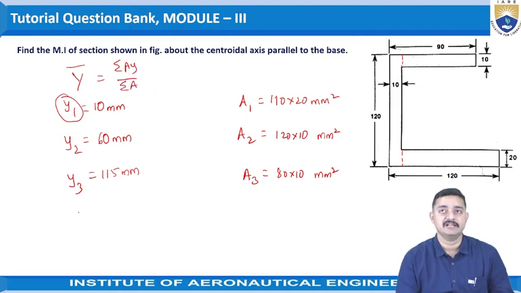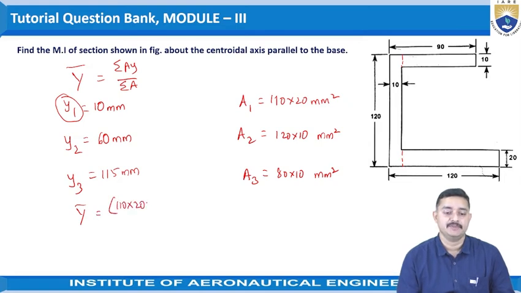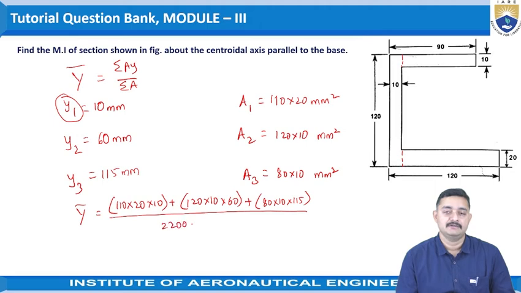So let us substitute the values. Y bar is equal to 110 into 20 into 10 plus 120 into 10 into 60 plus 80 into 10 into 115, by 2200 plus 1200 plus 800.